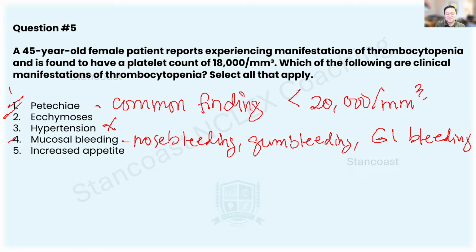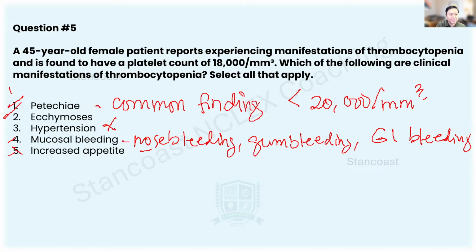All right. Mucosal bleeding are those nose bleeding, gum bleeding, GI bleeding. That's a common finding in our patient with thrombocytopenia. Increased appetite? Should we expect increased appetite? No, it's not associated with thrombocytopenia, and it's going to be closely associated more with bleeding and bruising tendency.